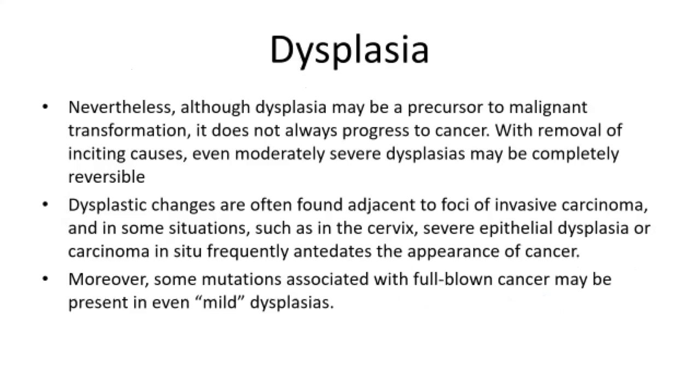Dysplasia is reversible, but carcinoma is irreversible, because the genetic event which causes the metastatic capability has not yet happened in dysplasia. They have changed their environment. They have nuclear changes. They have increased proliferation, but they are not metastatic yet. They are not locally invasive yet.